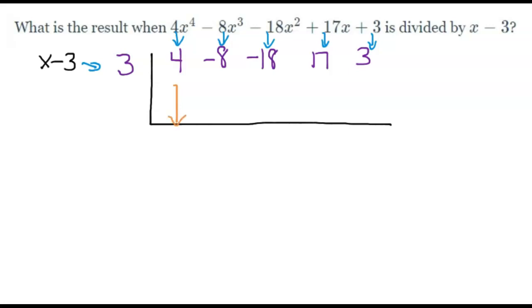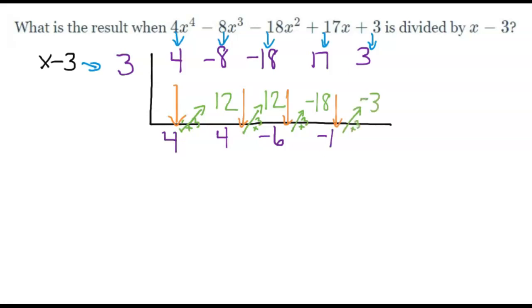And this is really just an operation with the coefficients where we multiply by 3, and then we add, multiply by 3 and add, multiply by 3 and add. And once we do that, the last term is going to be our remainder.